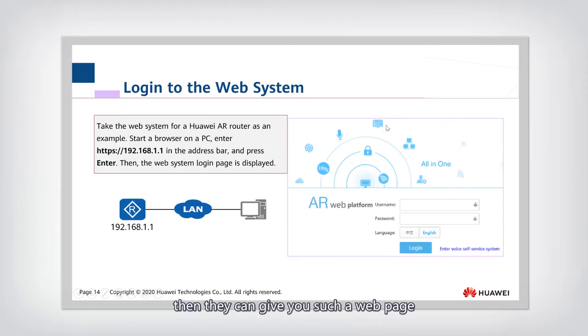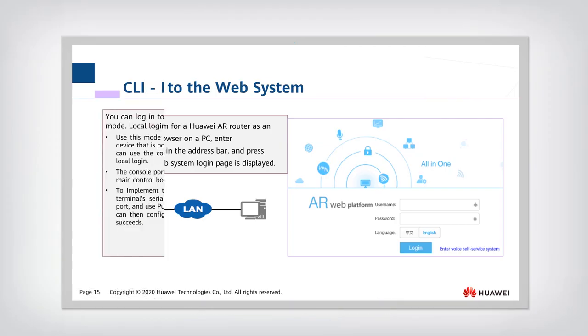Then it gives you such a web page, and after inputting the username and password, you can log into the platform to control the device. If you want to access using the web system, the device and your computer should be within the same local area network. Otherwise, you cannot access it.